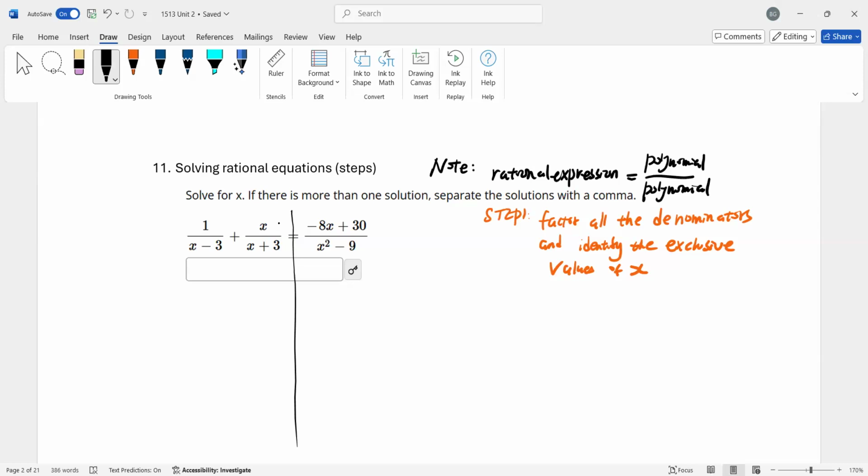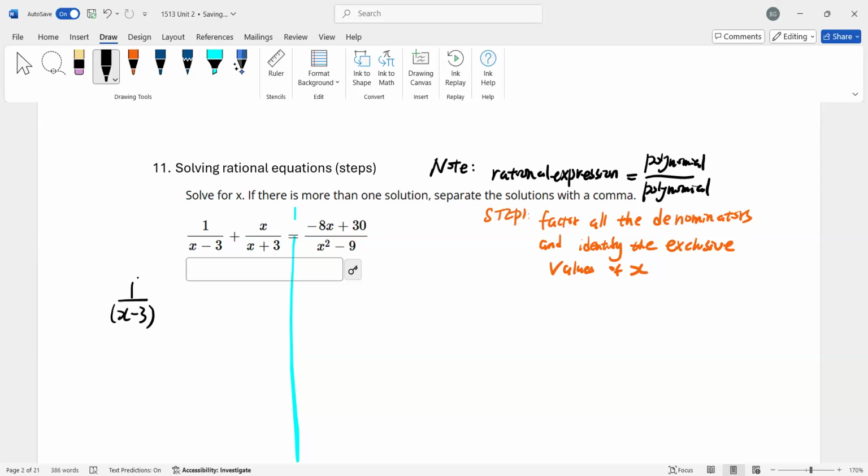On the left side of the equation, I like to use an imaginary line to separate the left side and right side of an equation. Okay, the left side has two parts, right? The first part is 1 over x minus 3. X minus 3 cannot be factored. It's already prime. Even if it's prime, I would use a parenthesis to frame it.